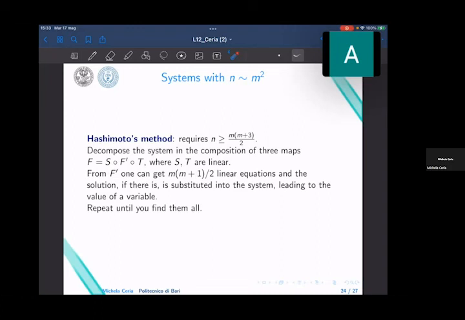From the one in the middle, you can get some linear equations, so there is a linear part. If there is a solution, substituting into the system leads to the value of a variable, in the sense that you can find a quadratic univariate equation, solve it, and find the value. When you have found the value, you can substitute it in the system and repeat until you find them all.